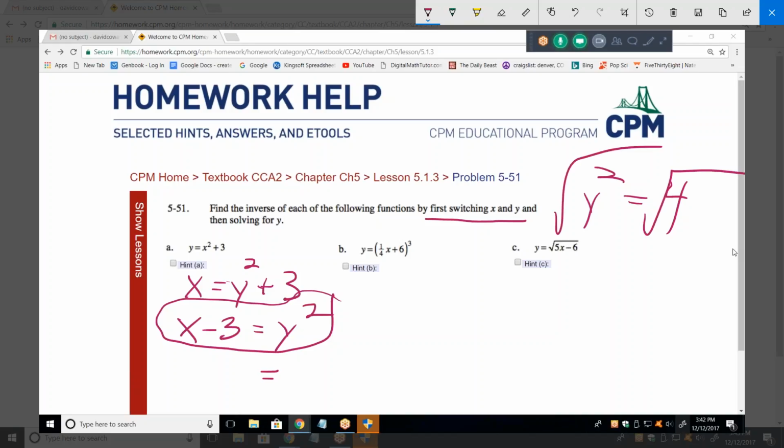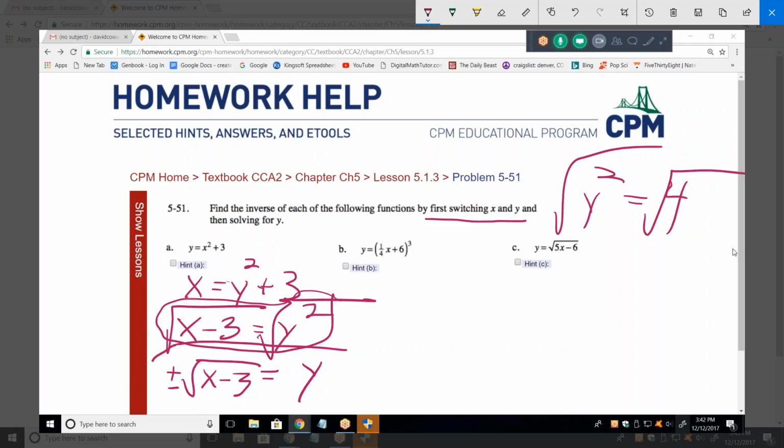Same thing down here. So how do you solve for y? Square root of x minus 3 is equal to y. Right. Almost. Not totally. The reason it's not totally right is that whenever you solve an equation by taking the square root of both sides, always begin your answer with the words plus or minus.